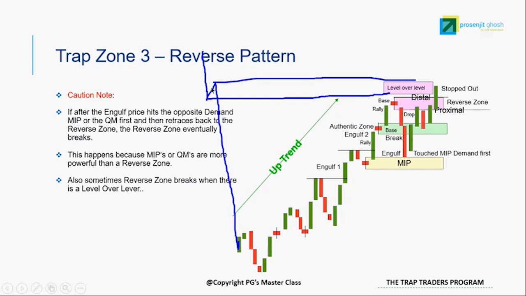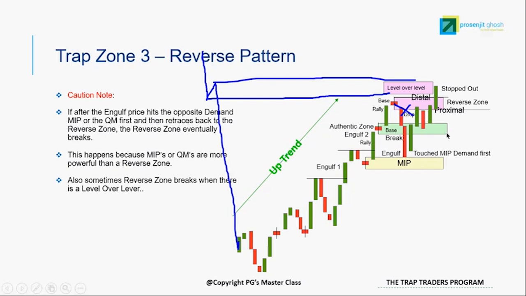It can be a rally-based drop, MIP, or a reverse zone, or a break limit zone, and this particular reverse zone has formed just before that. Then there is a chance that price will break your reverse zone.